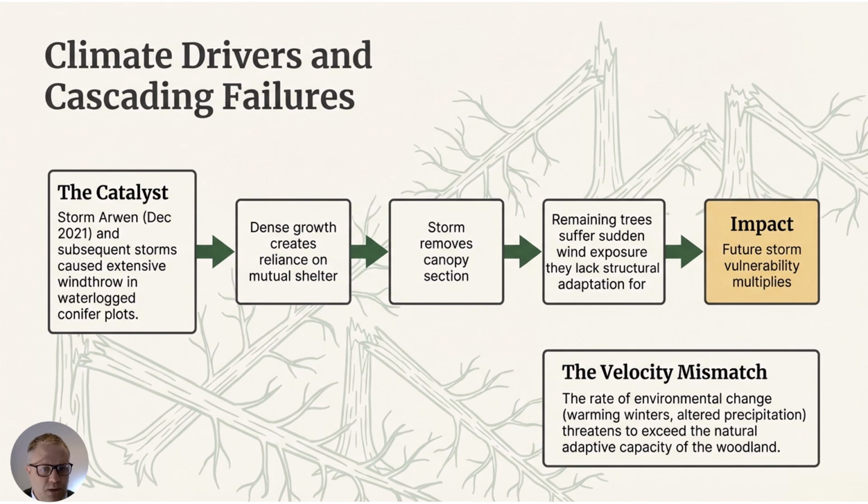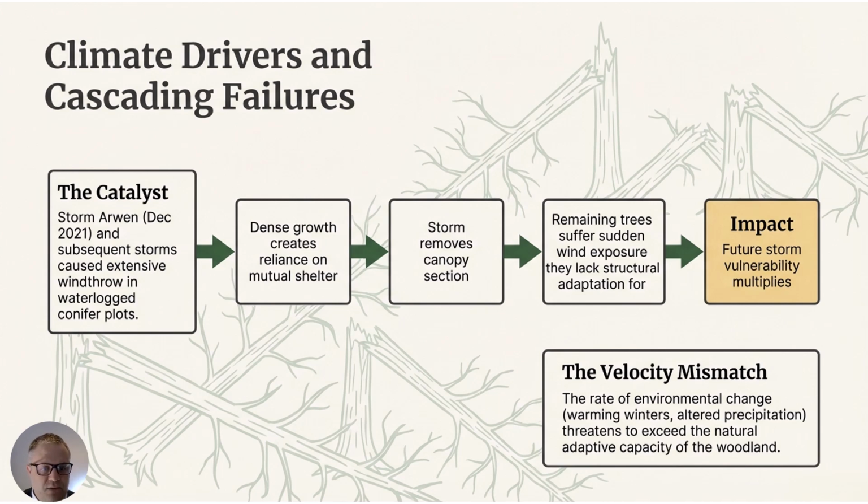To give an example of cascading failures, there was a very strong storm, Storm Arwen, in 2021, that caused a lot of damage. From this, they had to clear some of the areas, and a lot of the park became more open.